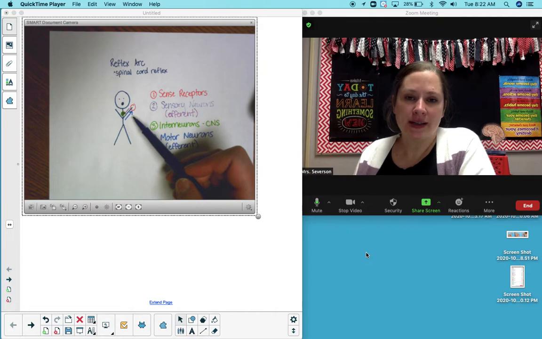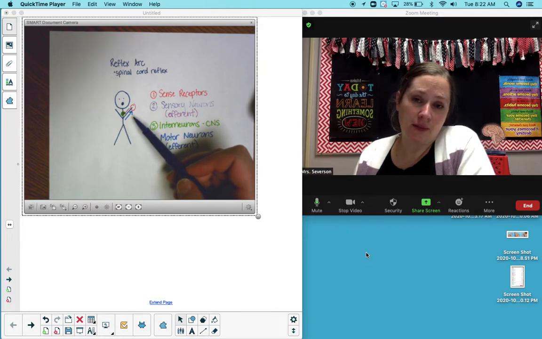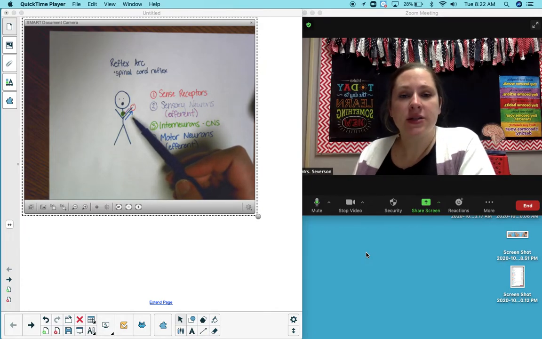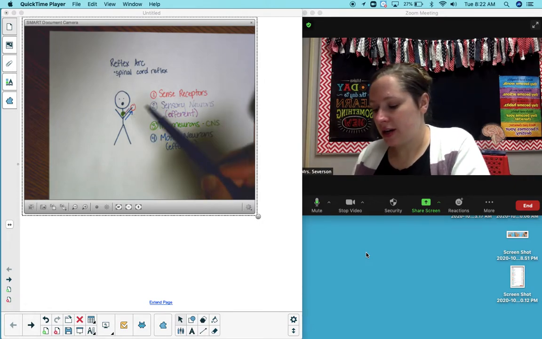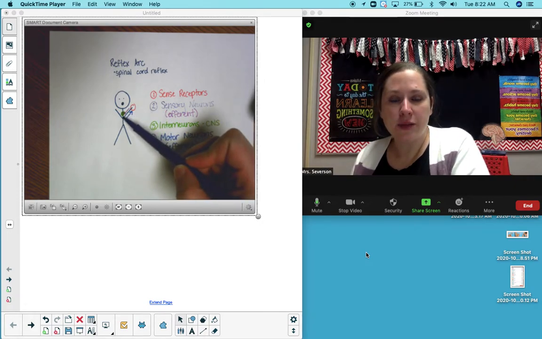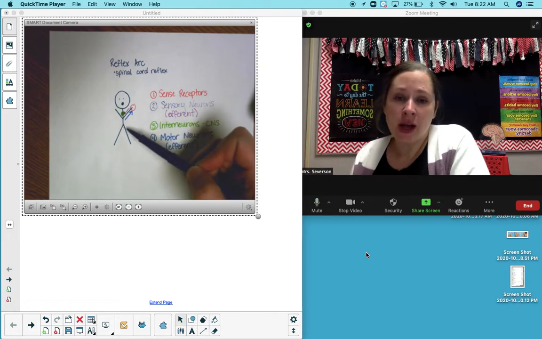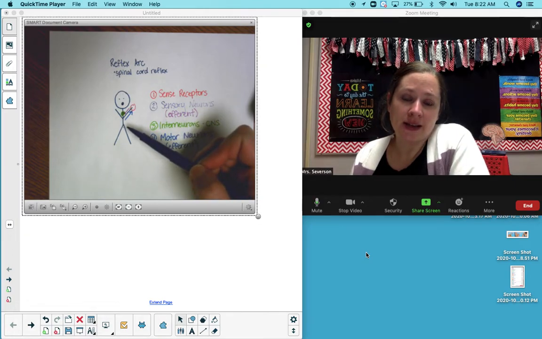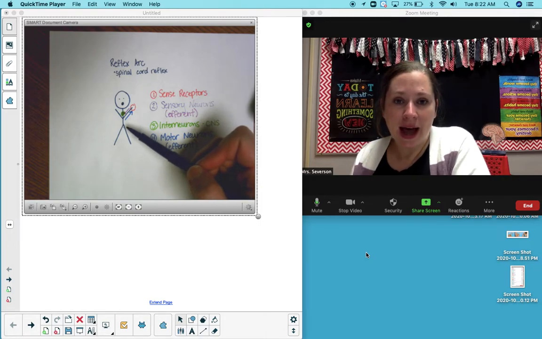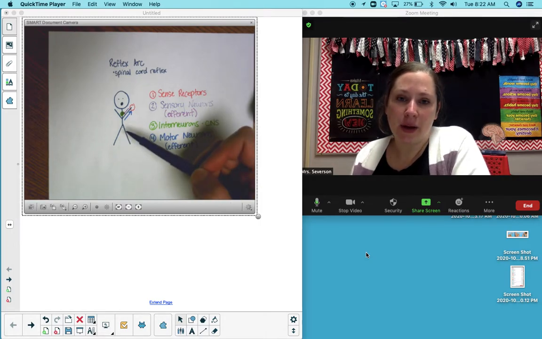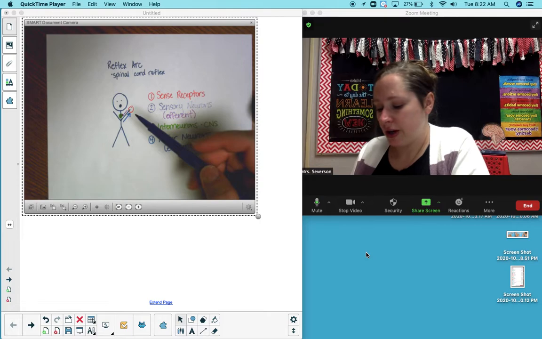And the reason is it actually prevents more injury. If you touch something hot, and if the message had to go from your spinal cord up to your brain, realize that it's hot, and then the message back down to your arm, you might be holding it for an extra second. And if you're touching something hot, that could be a significant amount of damage. So this actually does help us to prevent injury and enable survival. So definitely an evolutionary purpose.